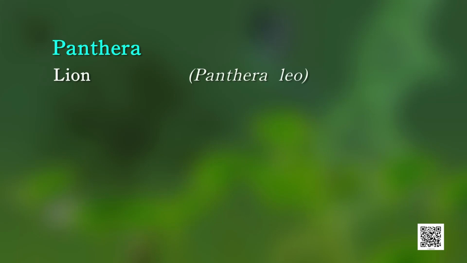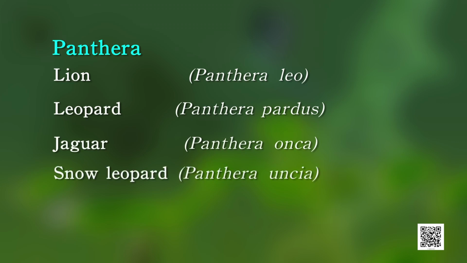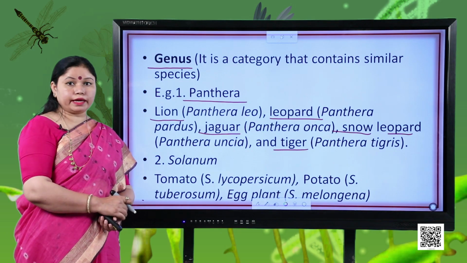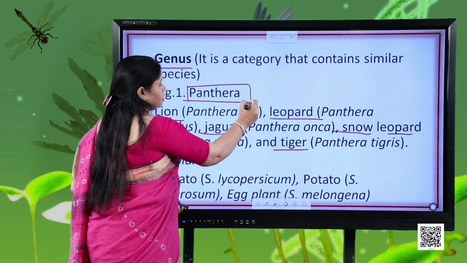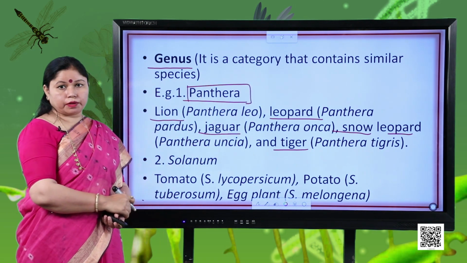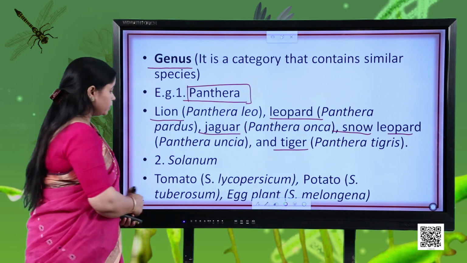The scientific name of lion is Panthera leo, Panthera pardus is the scientific name of leopard, Panthera onca for jaguar, Panthera uncia for snow leopard and Panthera tigris is the scientific name of tiger. All are different species and they are similar, they are wildcats. So, they are placed in a genus named as Panthera, right.